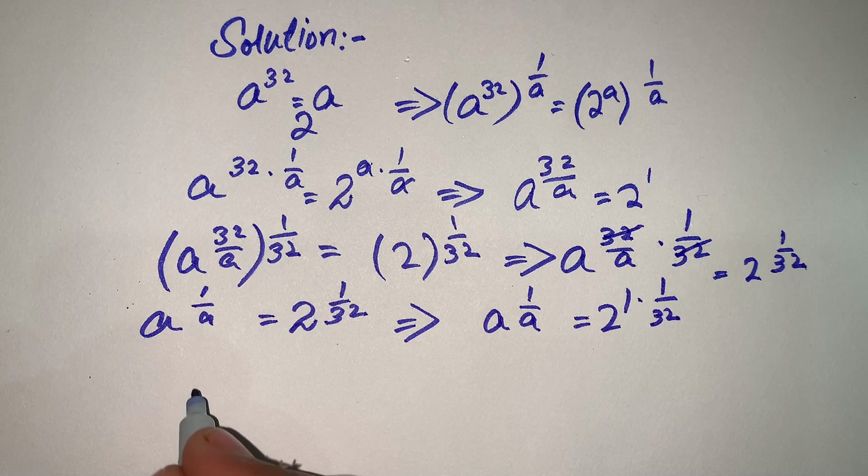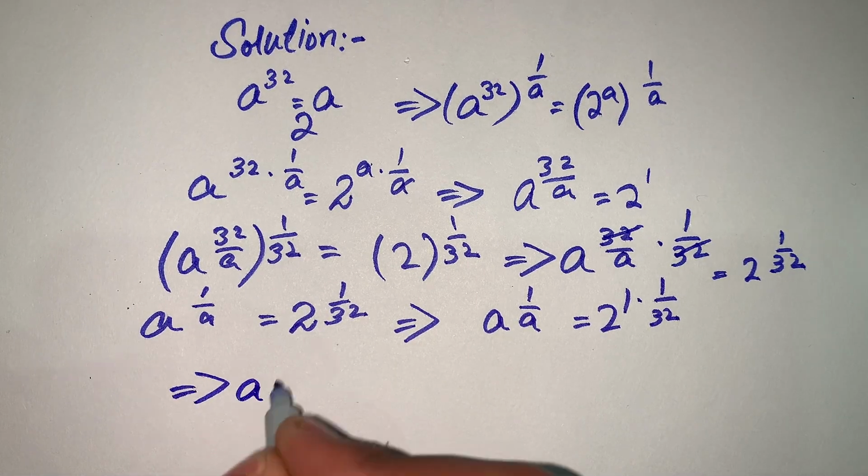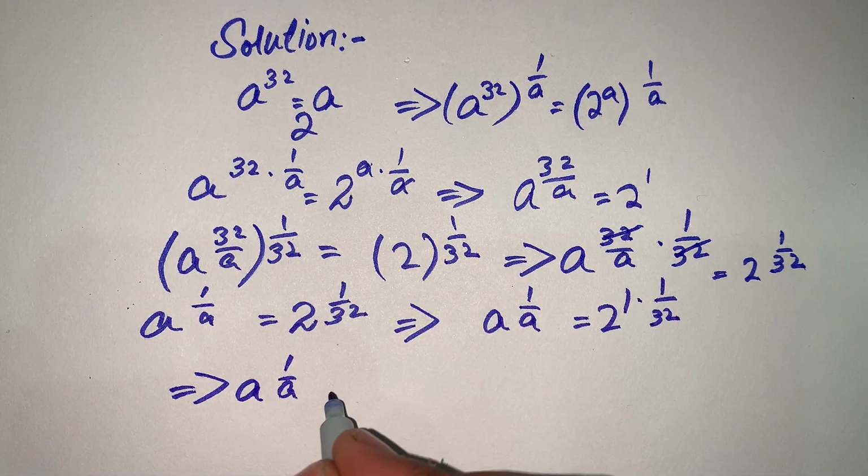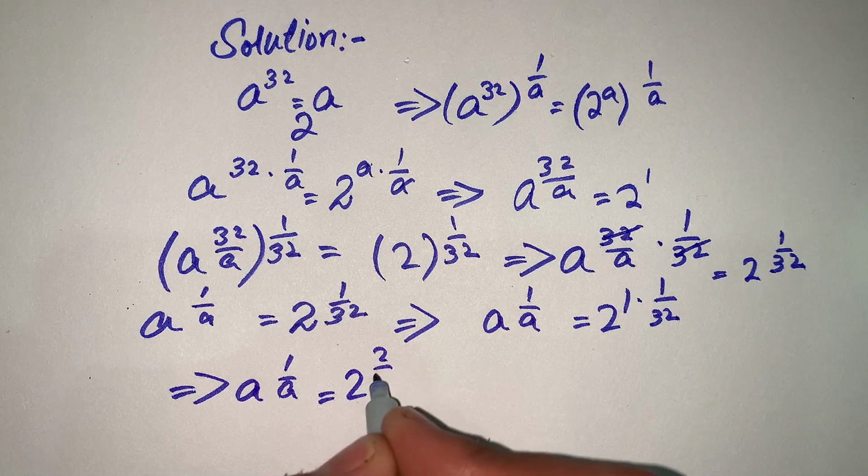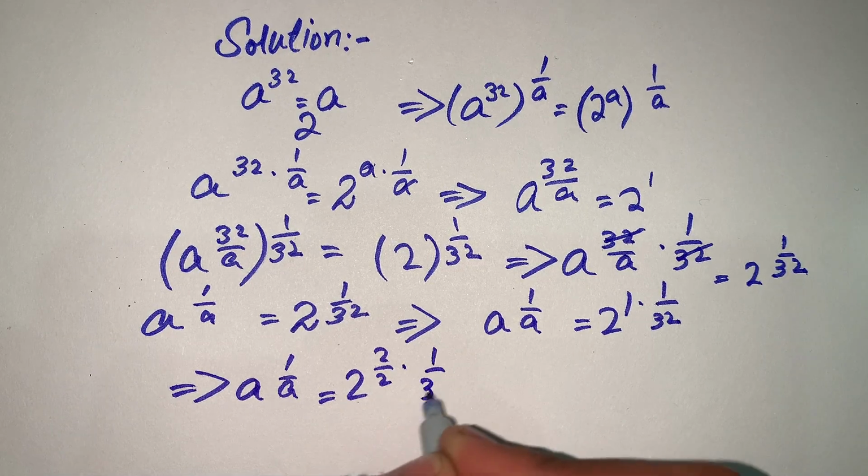So in the next step, a to the power 1 divided by a is equal to 2 to the power 2 divided by 2 into 1 divided by 32.